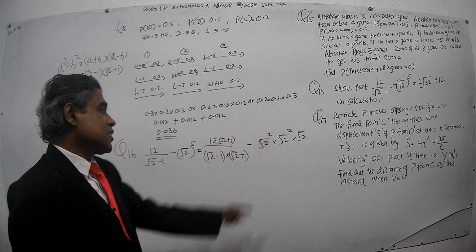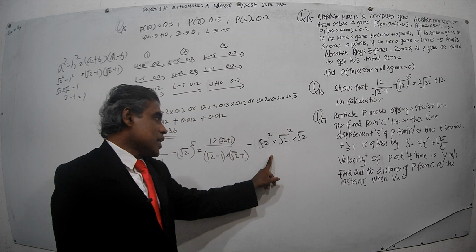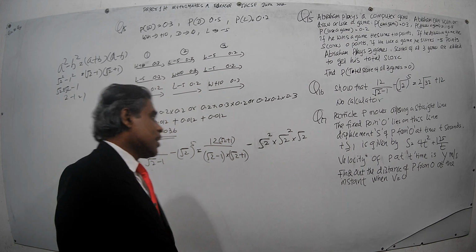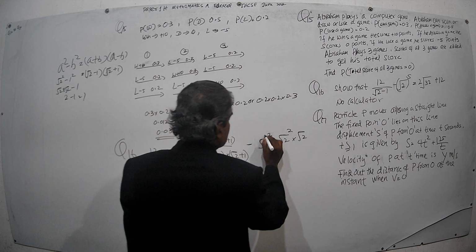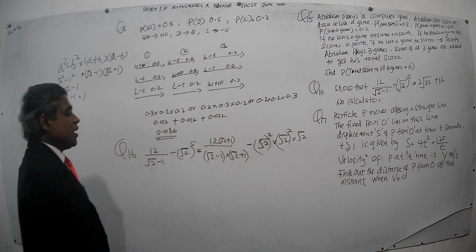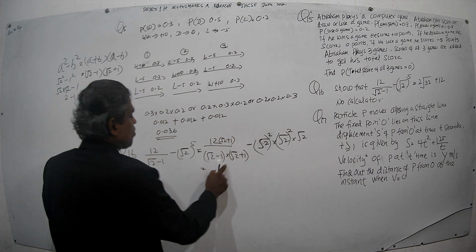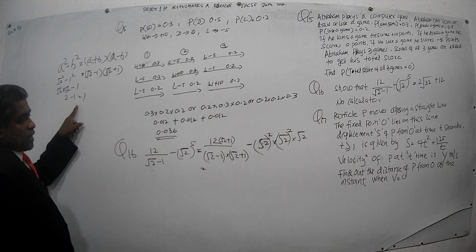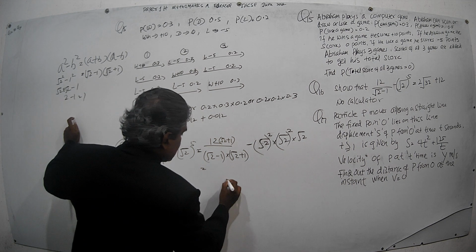So these are indices now. Same base is square root 2. Okay. Then here we can write this one we found here, 2 minus 1, ultimately 1. This one will be 1 here.